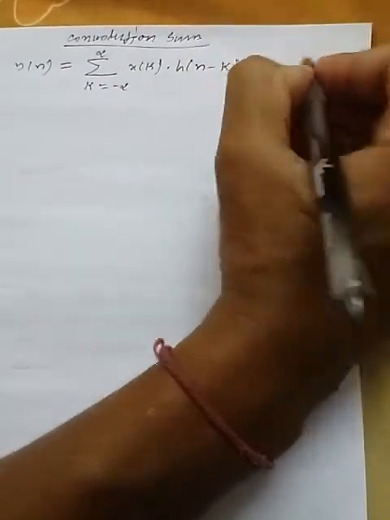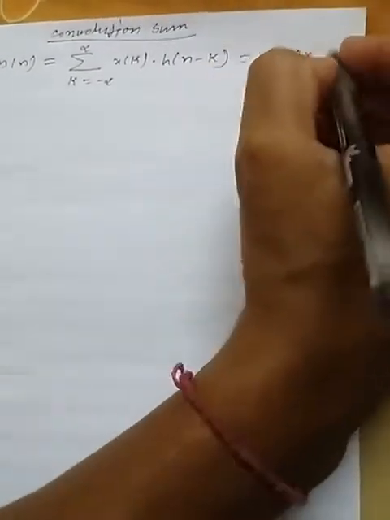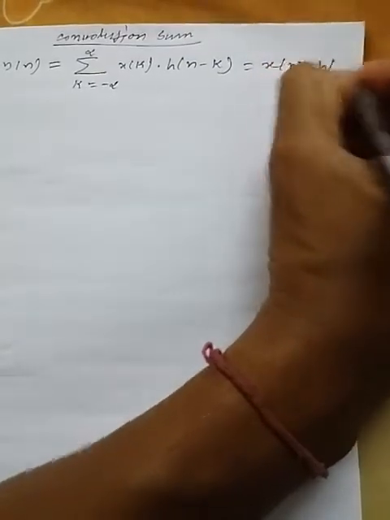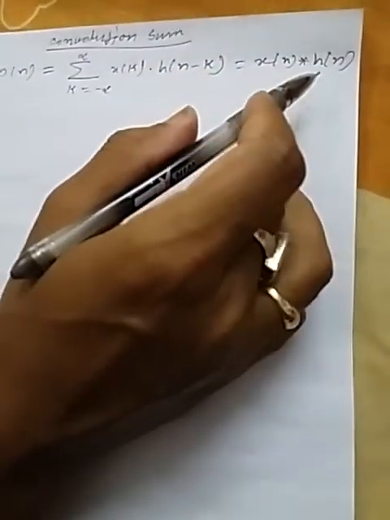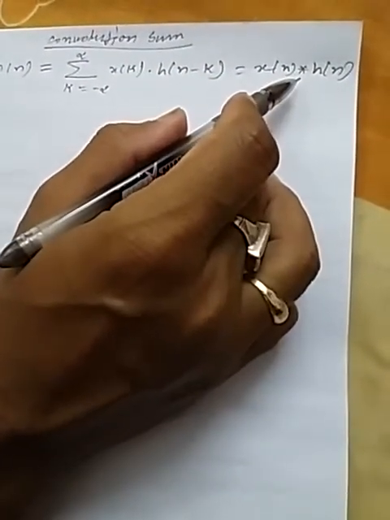This is the convolution between two discrete time signals, x[n] convolution h[n], where the star is the convolution operator.